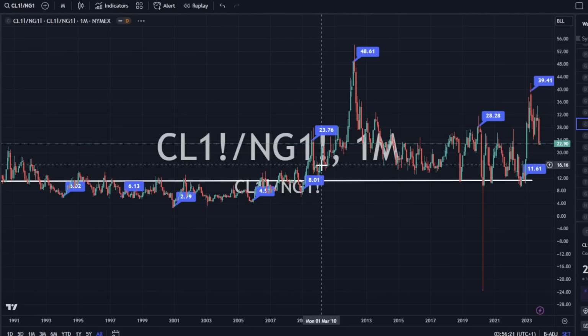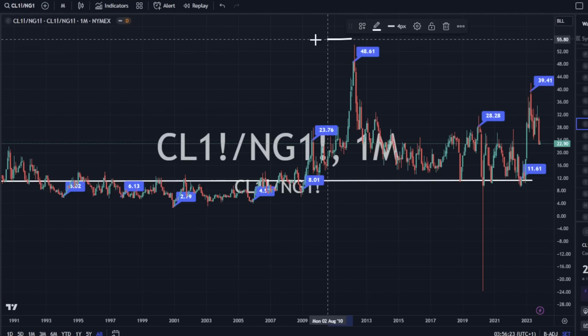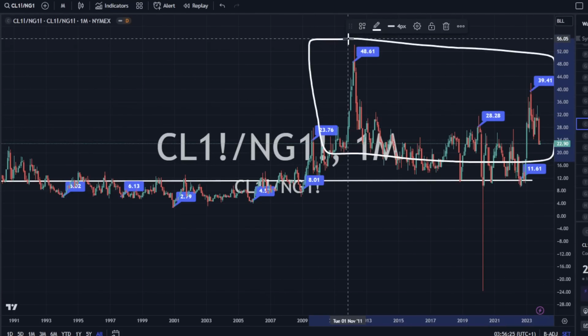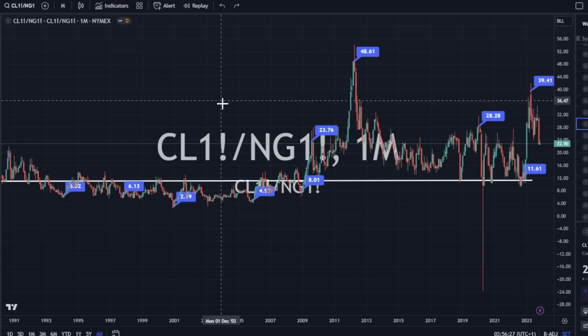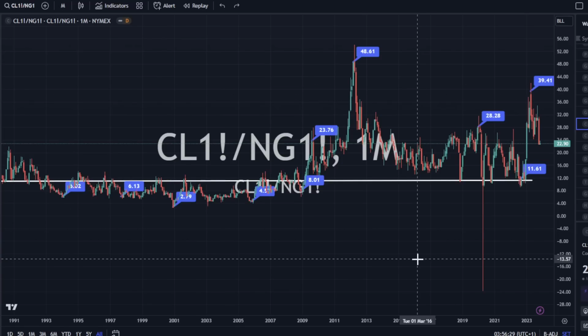We go to crude oil versus nat gas. Nat gas has been riding a very cheap area ever since shale kind of kicked in real big. We've been pumping a lot more natural gas. In terms of supply demand, we've been more of a glut phase than a shortage phase.